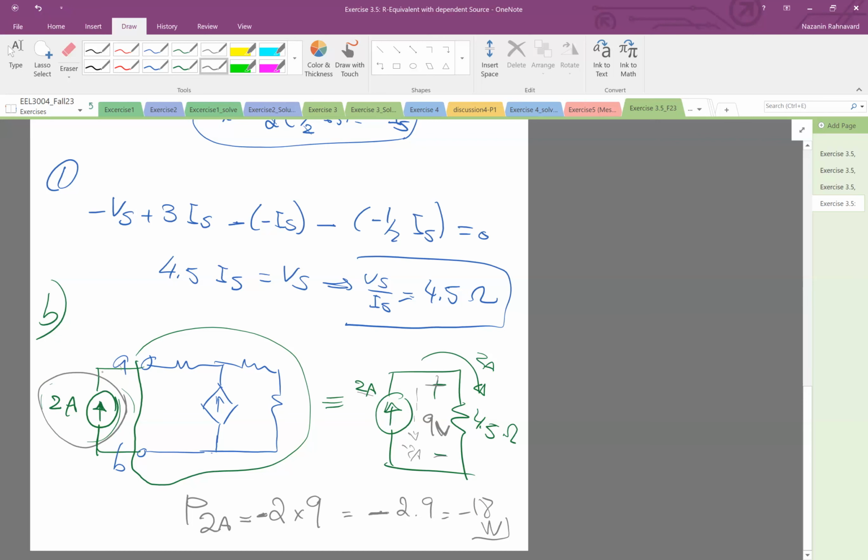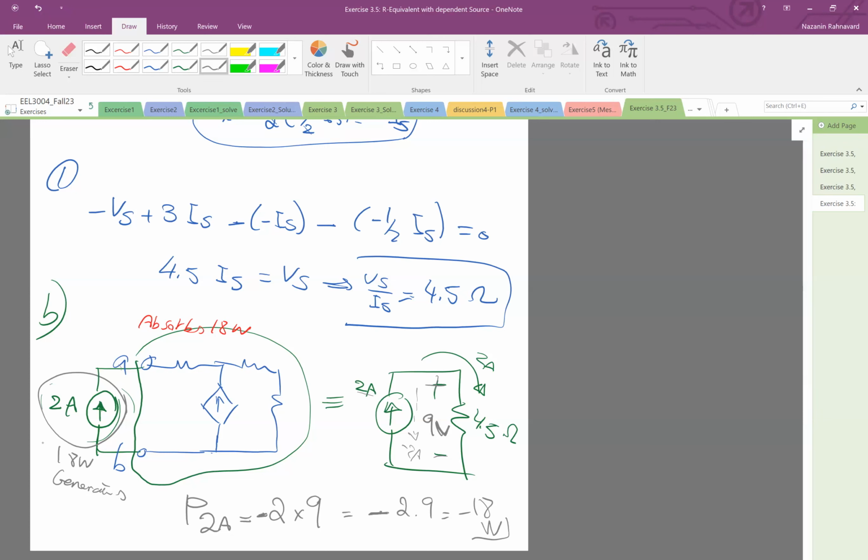It generates 18 watts. But we can also say the circuit somehow absorbs 18 watts. As you know, the total power is equal to 0.